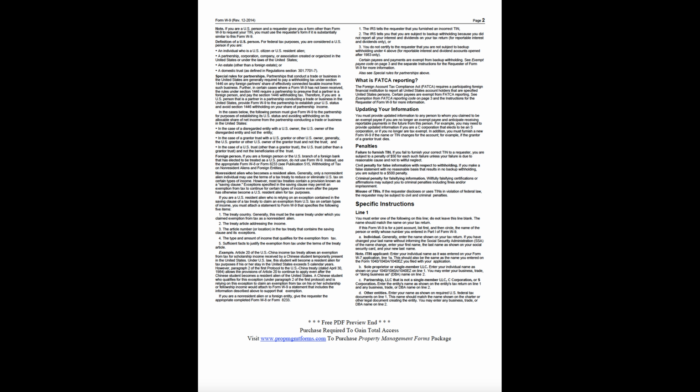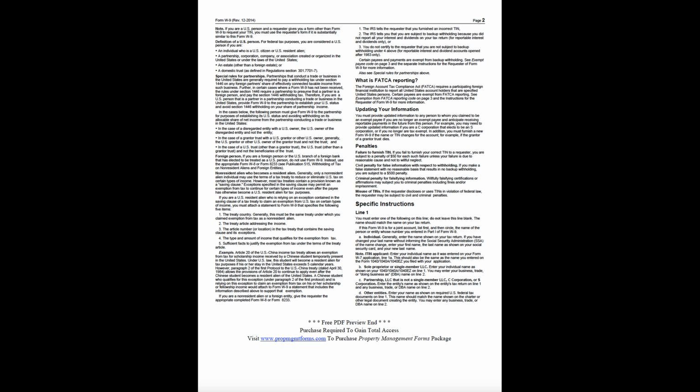Penalties. Failure to furnish TIN. If you fail to furnish your correct TIN to a requester, you are subject to a penalty of $50 for each such failure unless your failure is due to reasonable cause and not to willful neglect. Civil penalty for false information with respect to withholding. If you make a false statement with no reasonable basis that results in no backup withholding, you are subject to a $500 penalty.